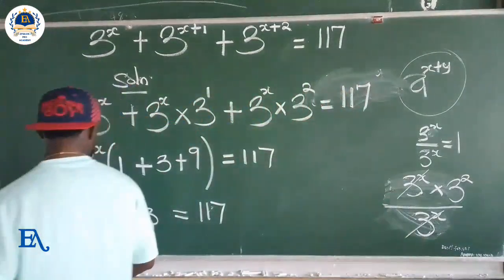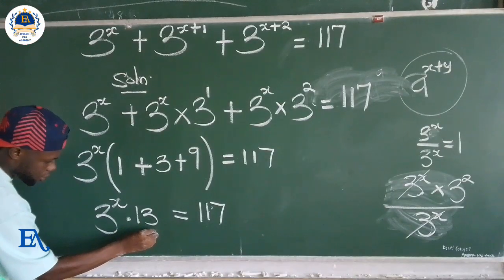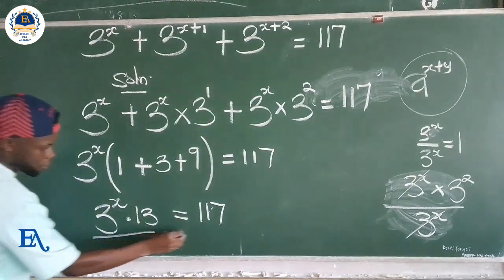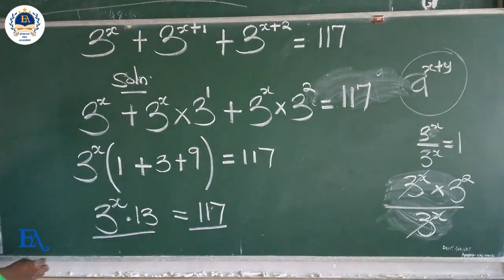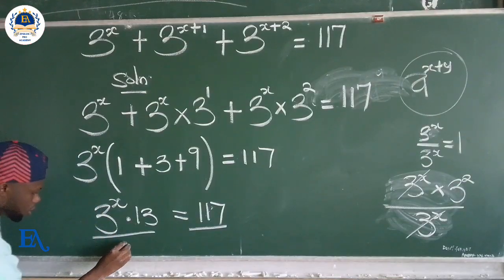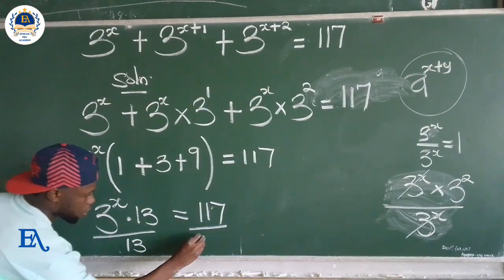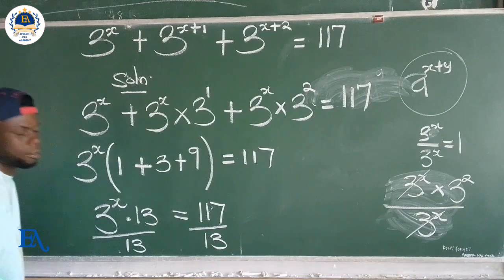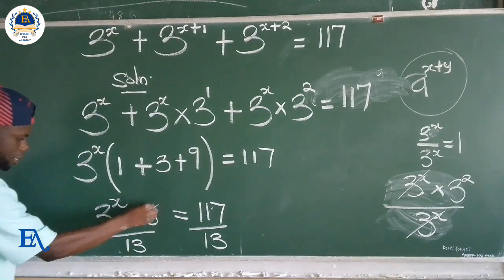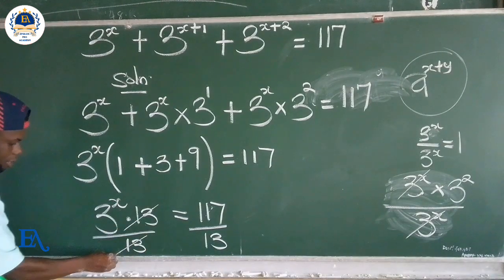How do we achieve that? We have to divide the two sides of the equation by the same thing, which is 13. 13 and 13. So 13 cancels 13.